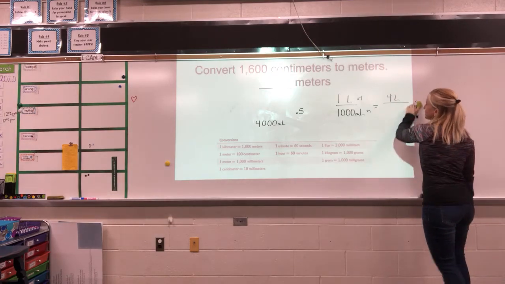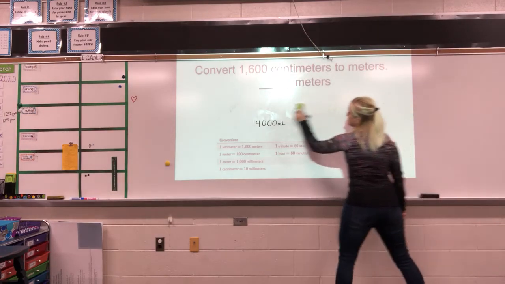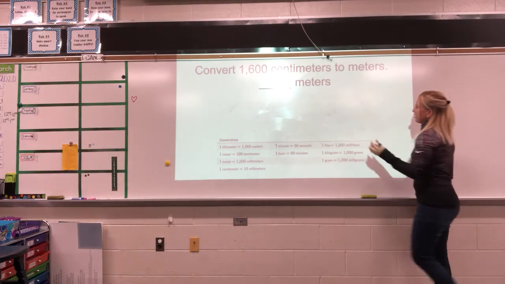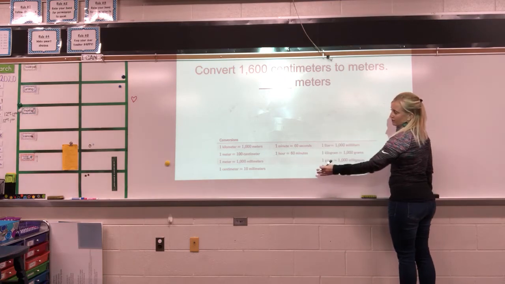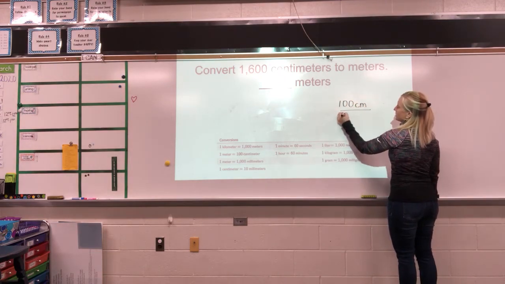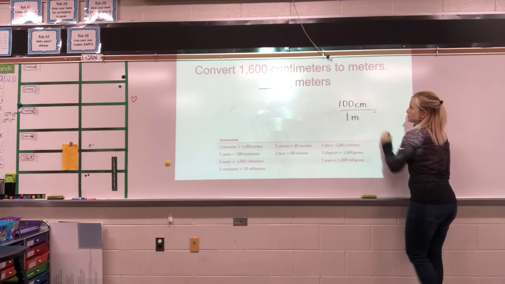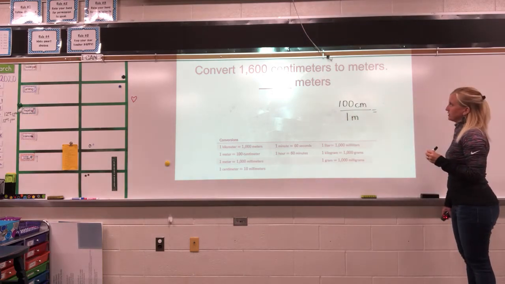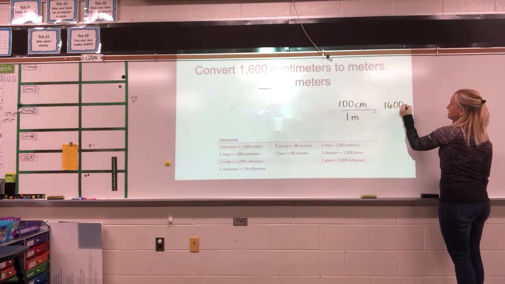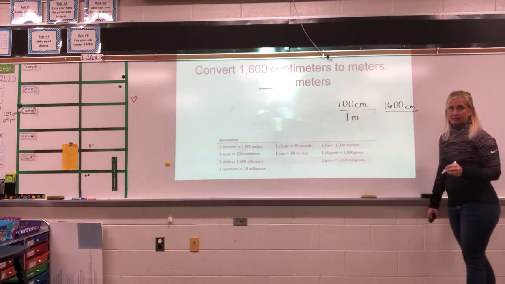Okay, so for our next one, it says to convert that many centimeters into meters. Well, I know, and I can look down here if I need help, that there's 100 centimeters in 1 meter. So if I'm trying to make that equivalent fraction, I'm going to say, 1,600 centimeters is how many meters?